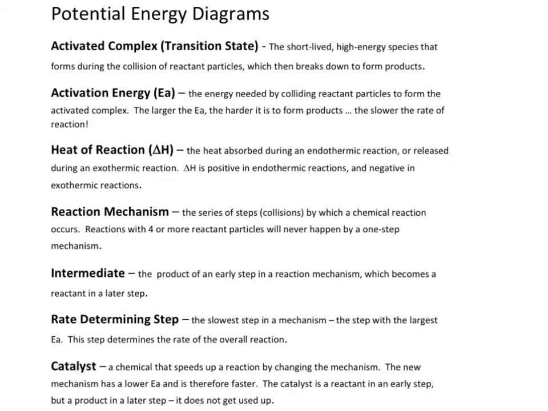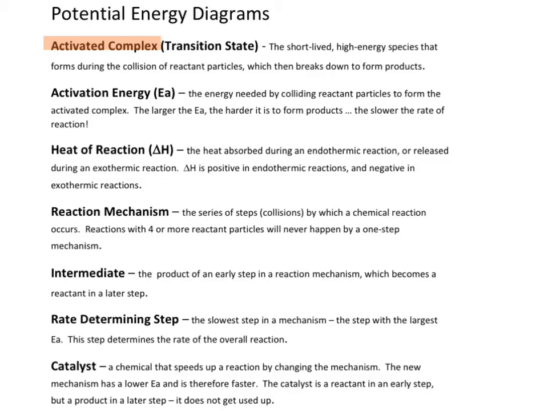At the point during the collision when the energy is at its highest level, you have what's called the activated complex. In chemistry, a complex is where a group of atoms or particles are stuck together. So the reactant particles have collided, they've stuck together, they've formed a complex.